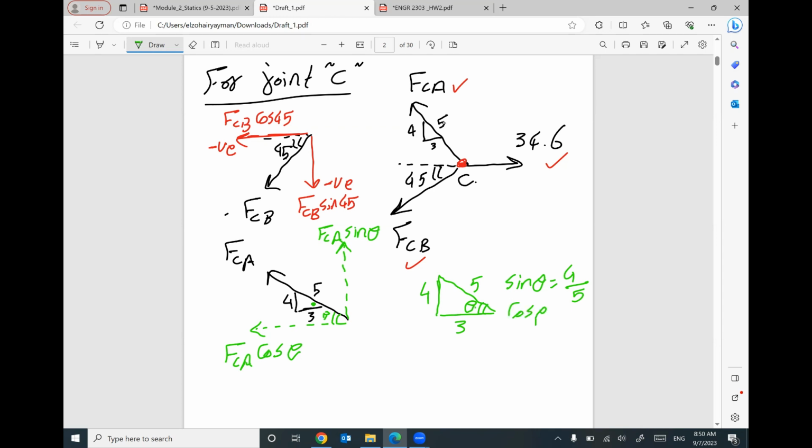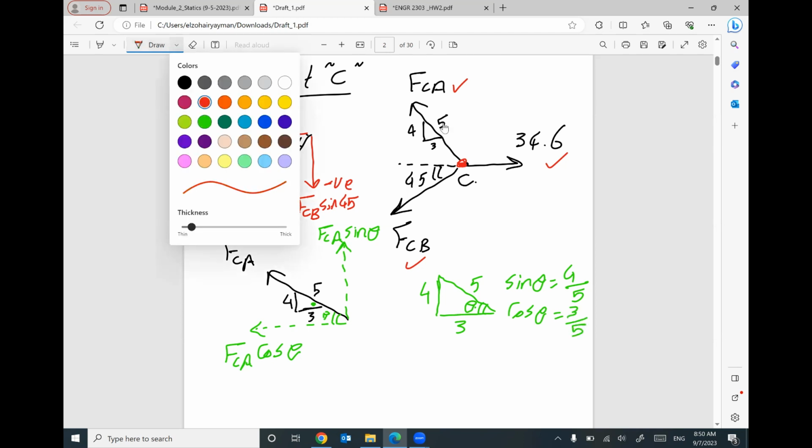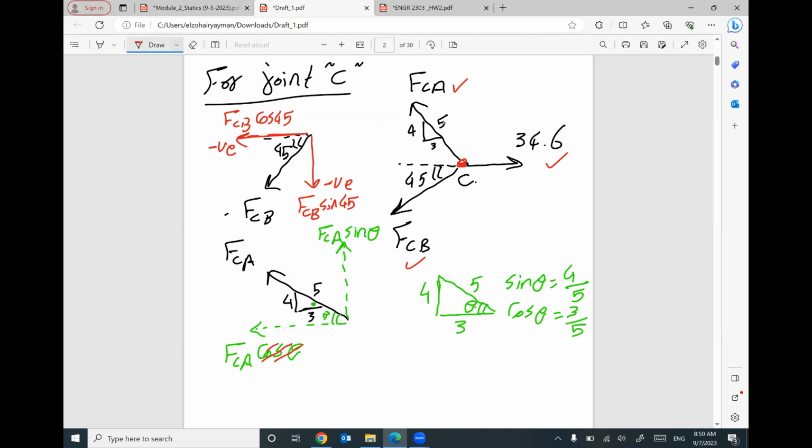Cosine theta, the adjacent for theta, is 3/5. So I can remove this part and put FCA times 3/5, and I can remove this part and put 4/5 FCA. This direction is positive, this direction is negative.